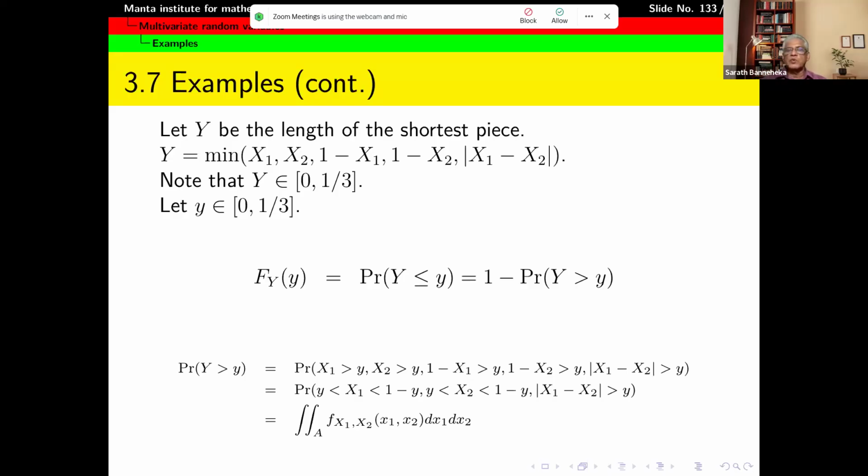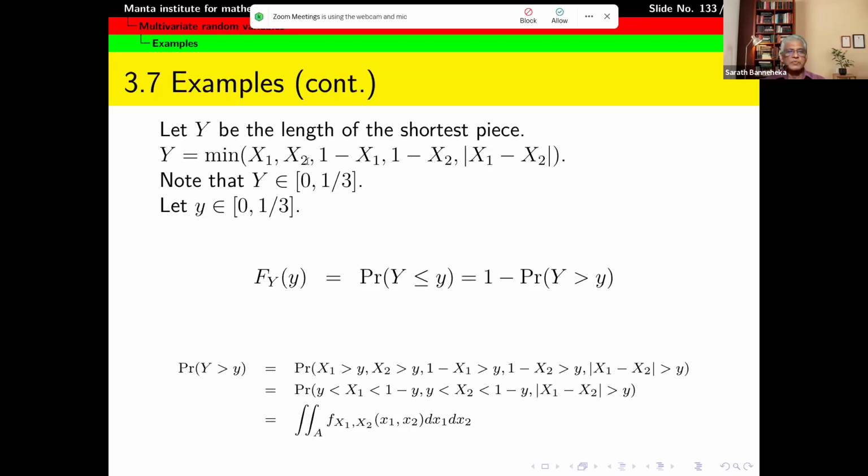For example, if the second broken point is close to the second end, that may be the shortest piece. But x2 can also be to the left of x1, because we are not considering here that the first point is x1 and the second point is x2.